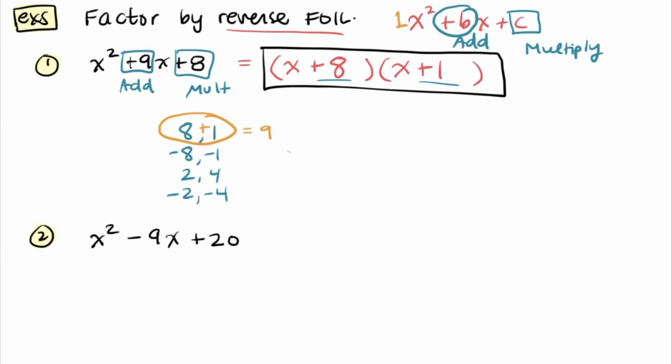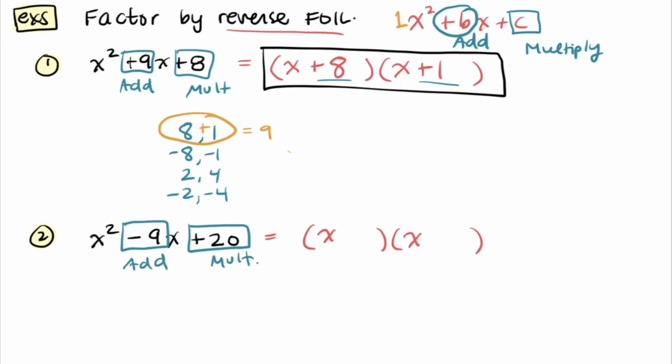just like number 1. So this has the same sort of format, right? We've got a 1 in the front of the x squared. All we've got to do is know that we have this format. It's going to factor into two binomials like so with an x in the front, and we need things that multiply to positive 20, and the sign goes with the b value and the c value, but in this case they need to add up to -9.